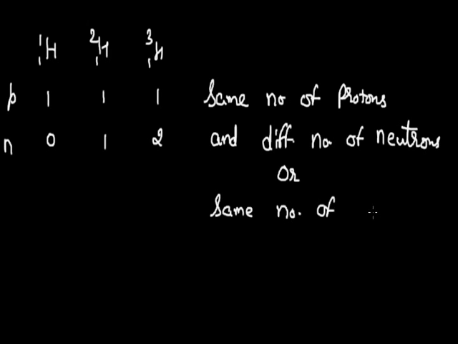And as we know, the chemical property of any atom depends on the number of electrons contained by it. Since these isotopic forms have the same number of electrons, they show the same kind of chemical properties.